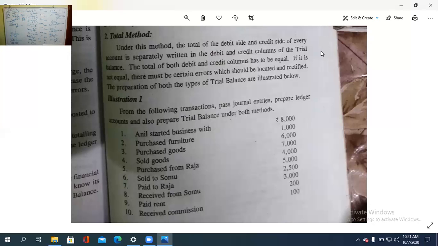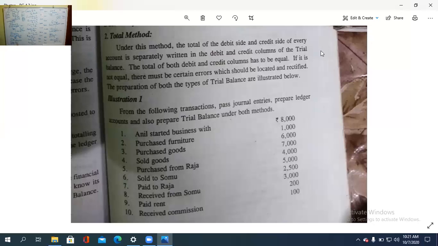Then next, here it is 8,000 to balance brought down, 8,000 by balance carried down 8,000. Then furniture as it is 1,000. So this is by balance carried down.